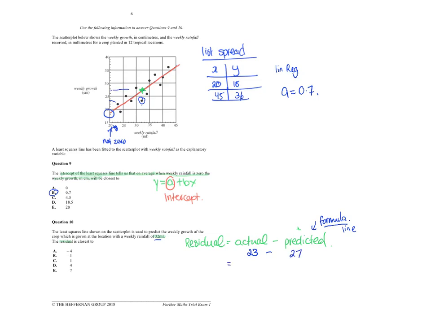So the residual is 23 minus 27, so it's about -4 off. Okay, so the residual is actually the difference there. How much difference between what the line says and what the dot says. If the dot is under, it's a negative residual. If the dot was over, say up here, this one would have a positive residual.